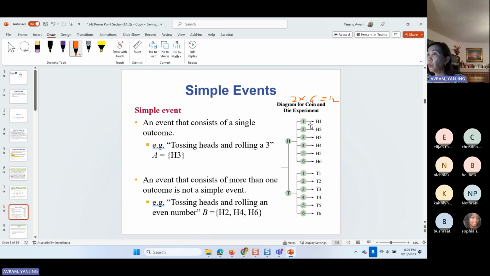So you can have H1, the head with 1, 2, 3, 4, 5, 6, and then the tail also combined from 1 to 6. So that is 12 possible outcomes, right? I don't really have to draw this one. I should be able to count this one as 12, basically. But the tree diagram can help you identify more clearly.